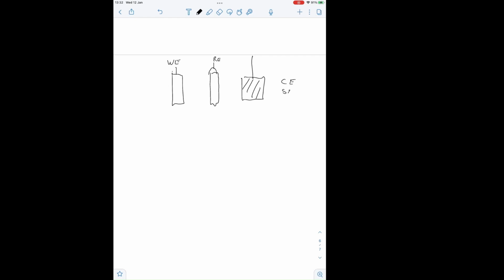Counter electrode, secondary electrode, or control electrode. Essentially what we do in these experiments is we pass a current between there and there. So the current is passed between the working electrode and the counter electrode, and we measure the voltage, or we control the voltage, between here, the working electrode and the reference electrode. So current between the working and the counter, voltage between.